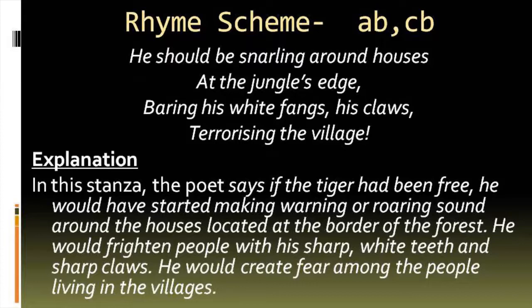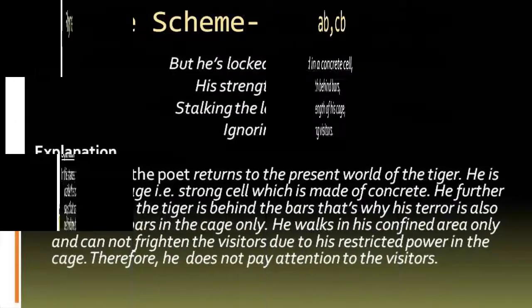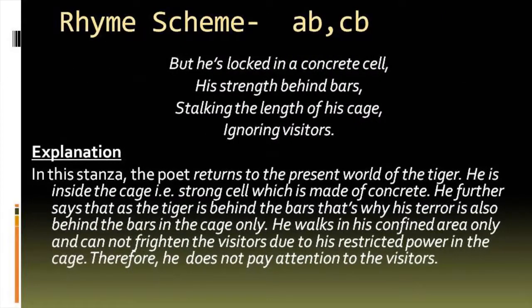This could only be possible when he would be out of the cage, in the forest. That is why the poet is imagining what would have happened if this tiger had been out of the cage. He is not, but the poet has imagined in these two stanzas what his life would be.